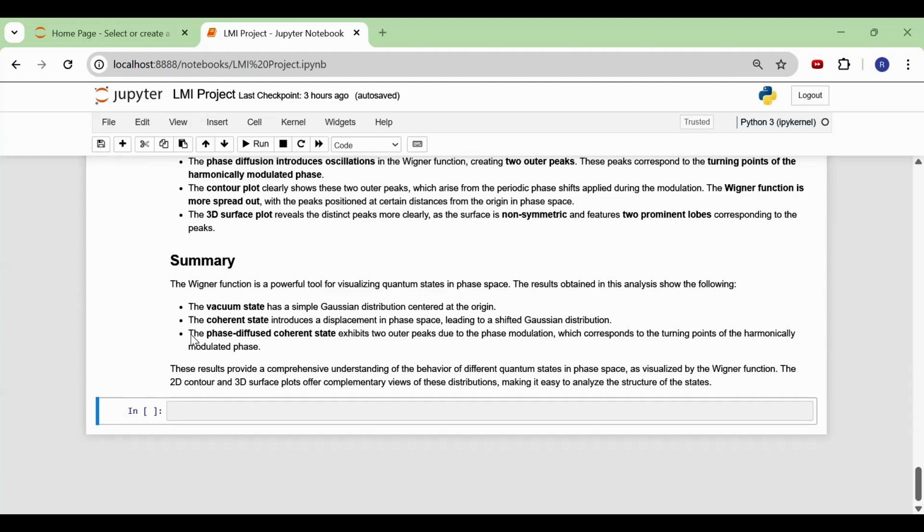And the phase diffused coherent state exhibits two other peaks due to phase modulation, which correspond to the turning points of the harmonically modulated phase. So this is all about the simulation part I have done. So I am going to stop my screen.